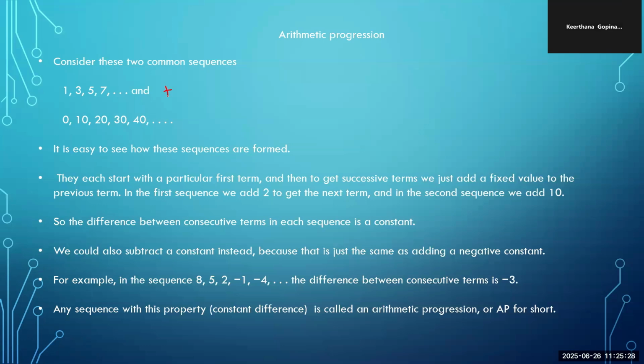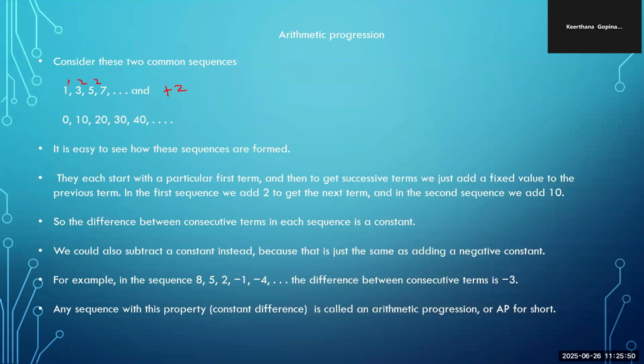Consider the first example. 1 plus 2 is 3, right? 3 plus 2 is 5. 5 plus 2 is 7. So here you have to add 2 to all of these numbers.